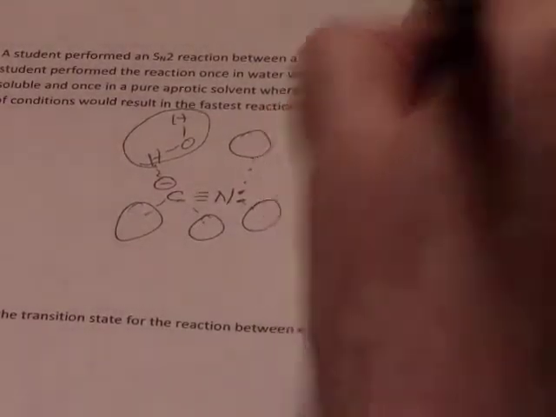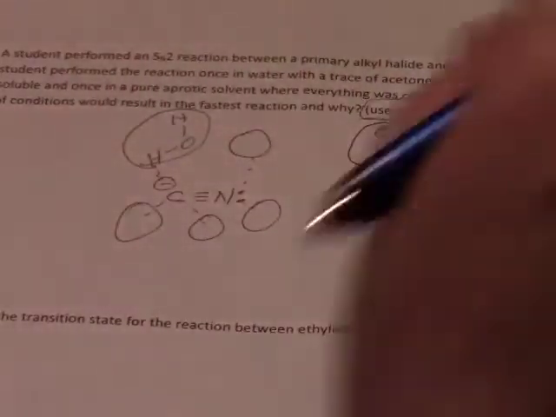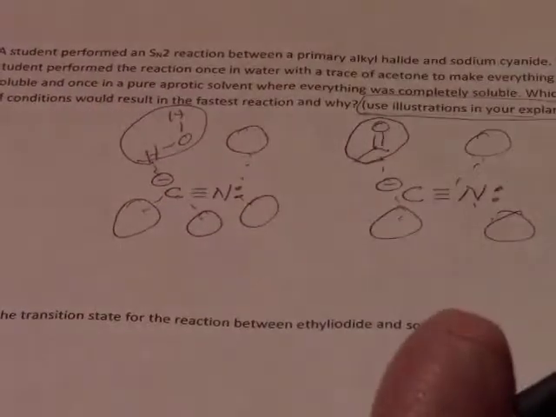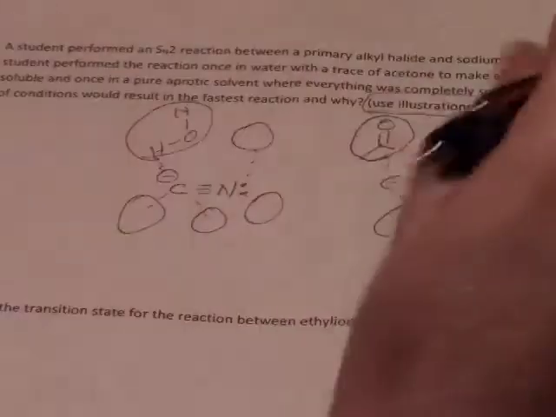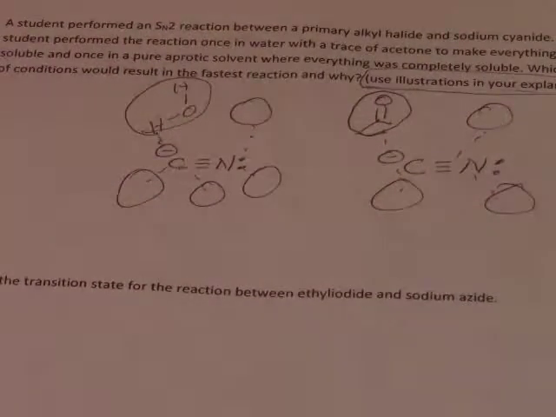However, those ion dipole interactions are much weaker than the hydrogen bonds, and so this solvent can get out of the way a lot quicker and allow the reaction to occur faster. So you needed to have some type of diagram that showed the hydrogen bonding and the ion dipole bonding with an explanation of why one would speed up the reaction, whereas the other one would slow it down.